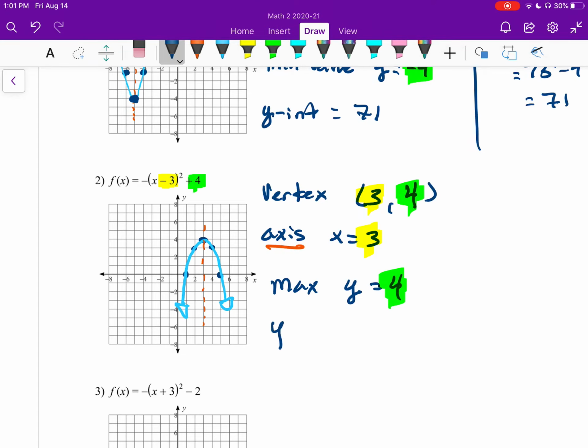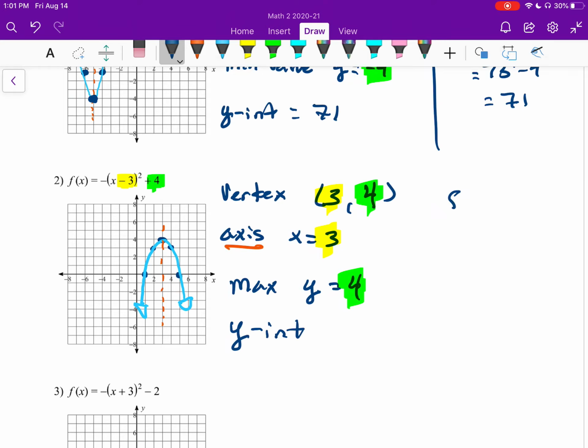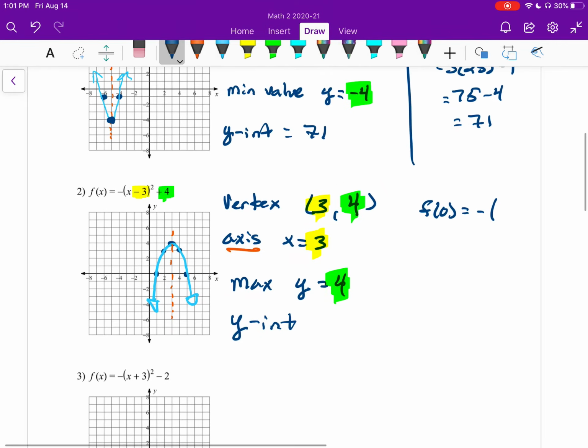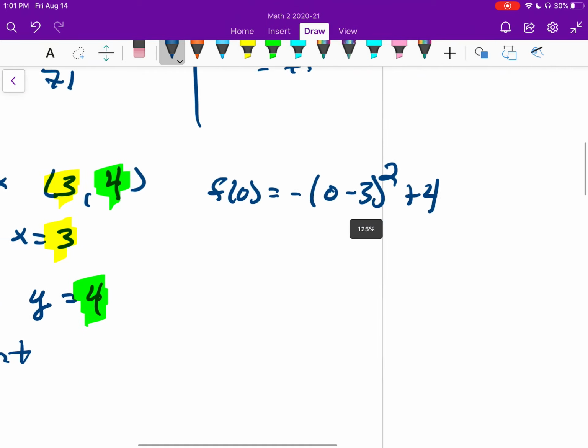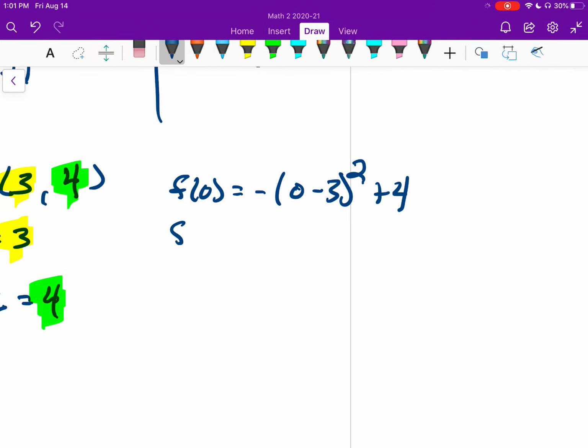And then y-intercept. Again, I'm going to plug in 0. So I'm going to say, well, f(0) equals negative parenthesis 0 minus 3 squared plus 4. f(0) is, well, this is going to be negative 3 squared plus 4.